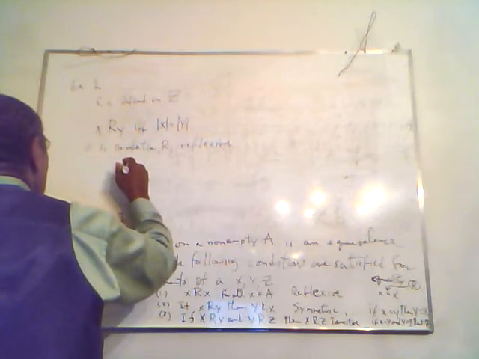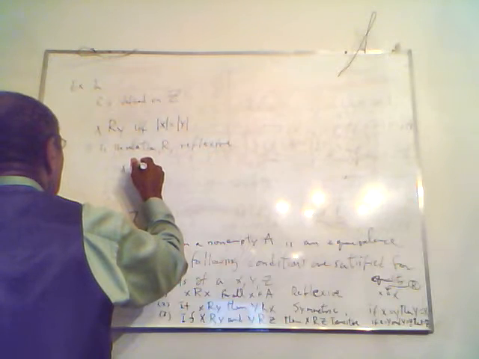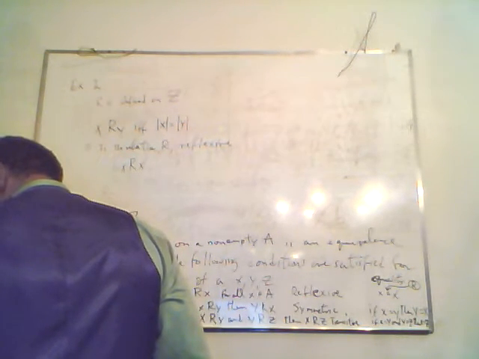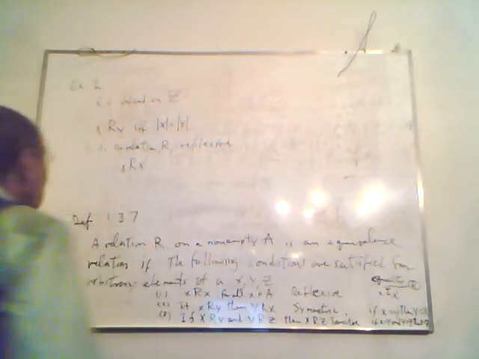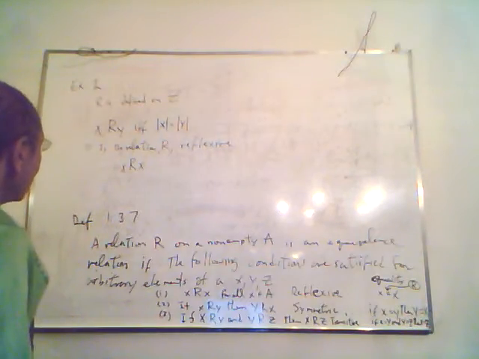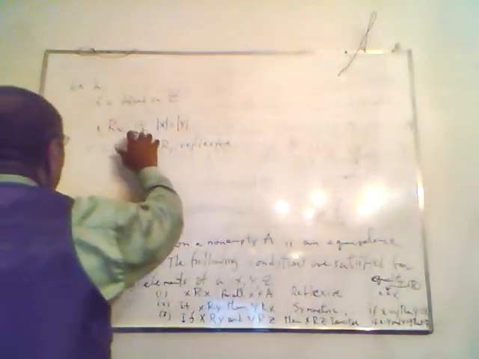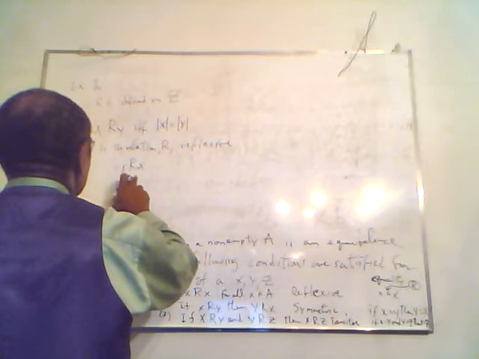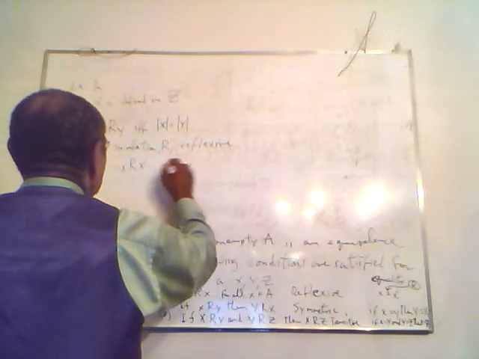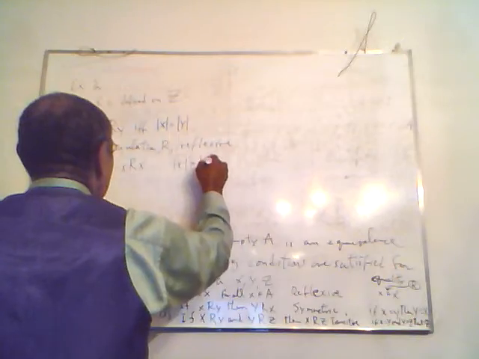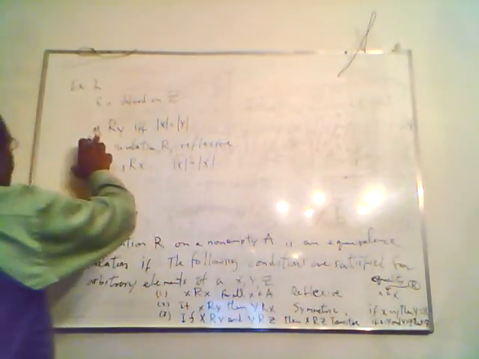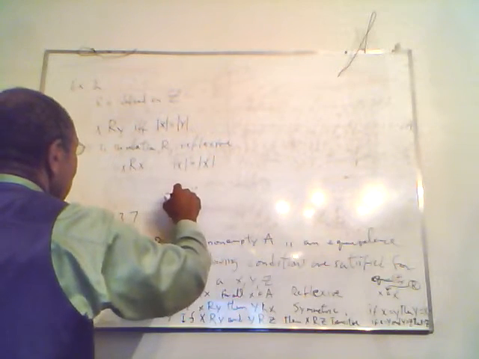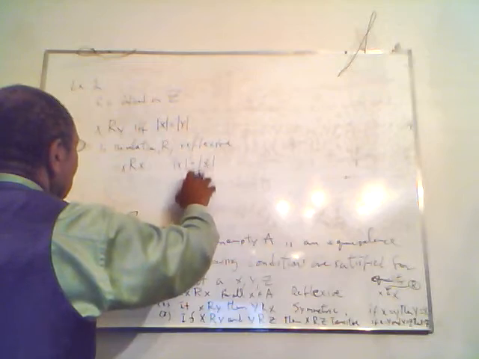If it's reflexive, X relation X. So, X relation Y if and only if the absolute value of X equals the absolute value of Y. In this case, we will be saying that the absolute value of X equals the absolute value of X. And the question is, is the absolute value of X equal to the absolute value of X?